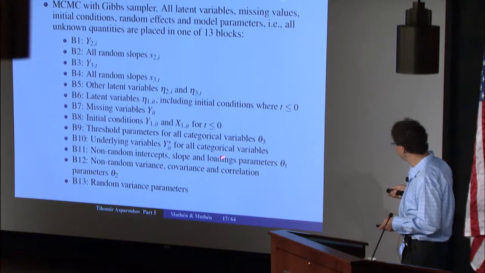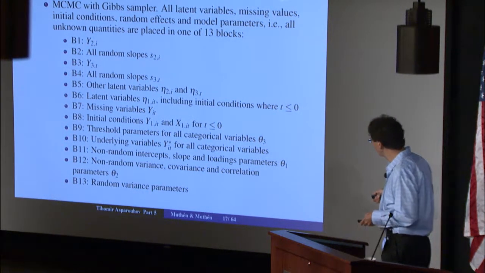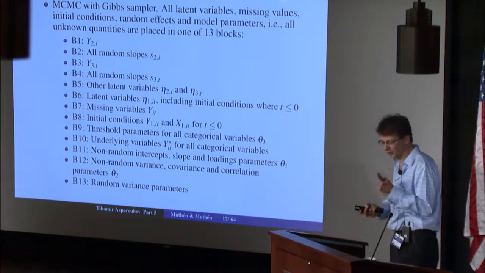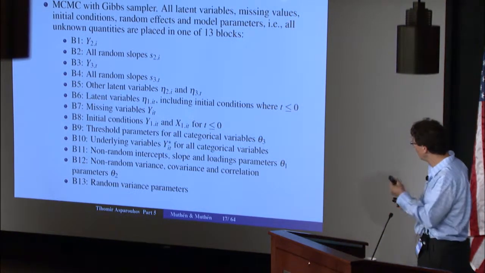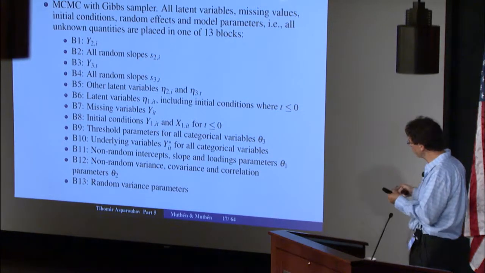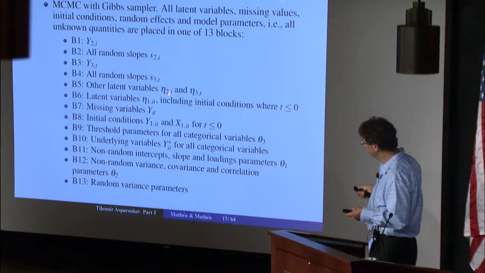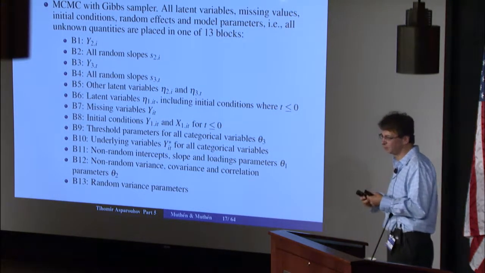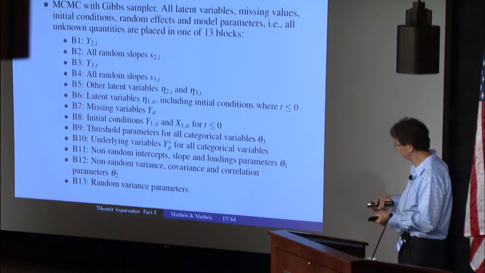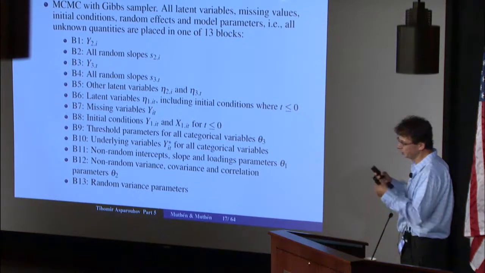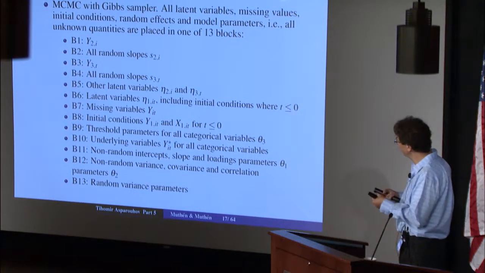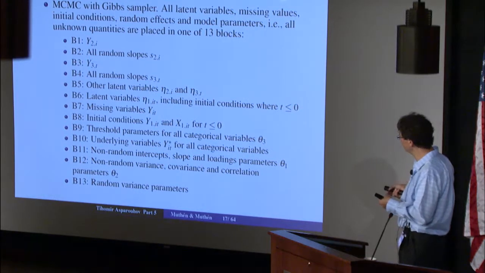The reason we use these 13 blocks is that our strategy for estimating this is some sort of a minimax strategy. We want the smallest number of blocks that would allow us to have explicit posterior conditional distributions, so that we can easily generate values from the conditional distributions.